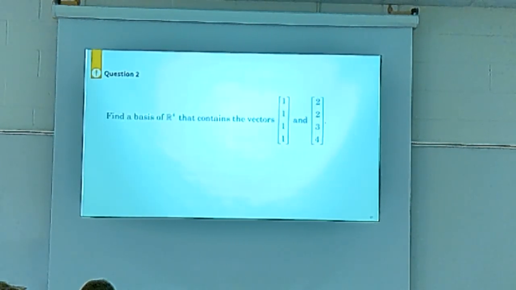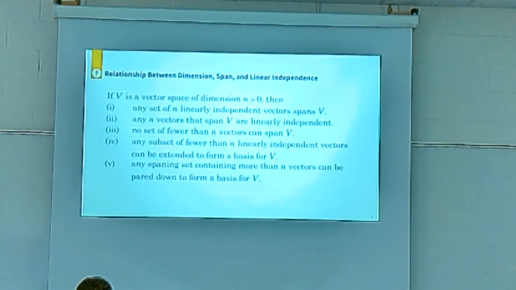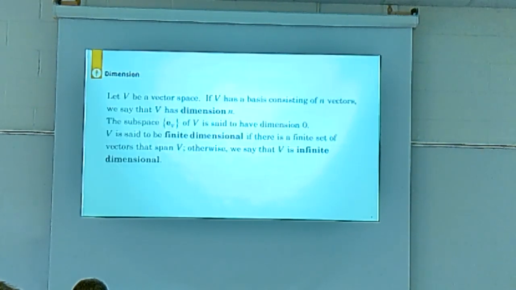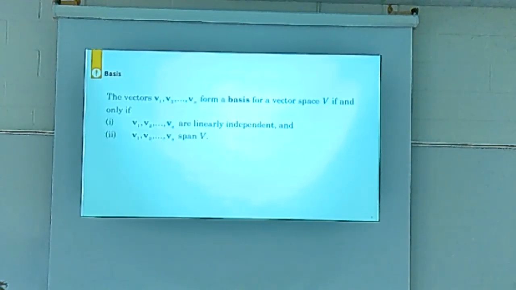That means we need to add 2 vectors, right? The basis has to have a total of 4 vectors. Oh, but wait a minute. All right, so here, this one right here.